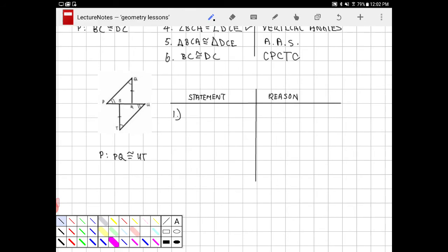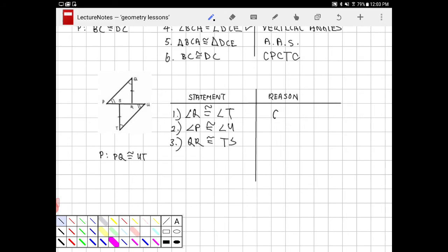So I know that angle Q is congruent to angle T. I also know that angle P is congruent to angle U. I also know that QR is congruent to TS.